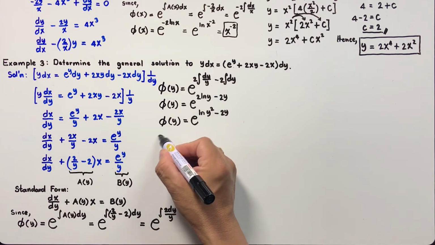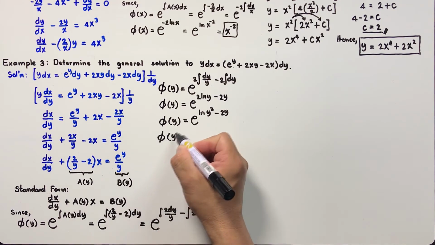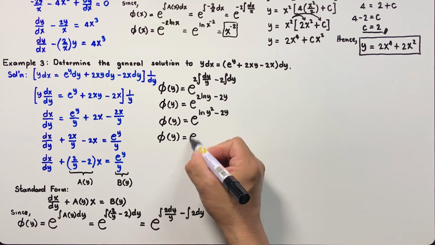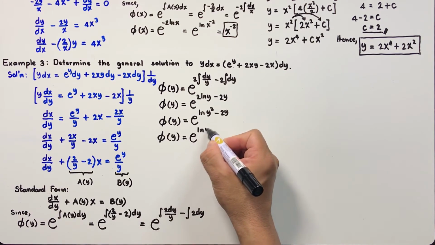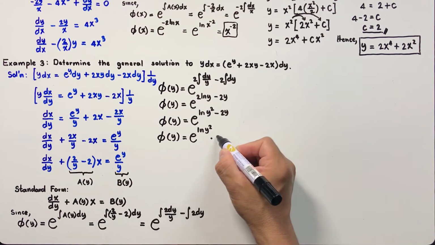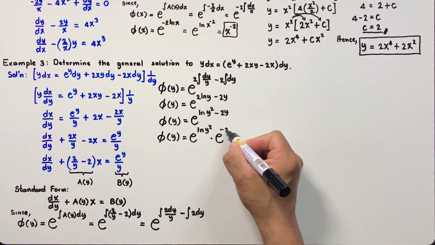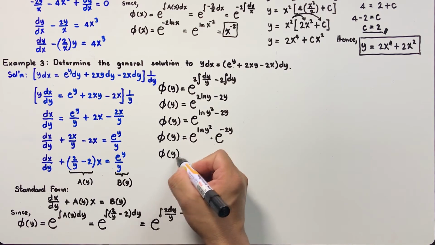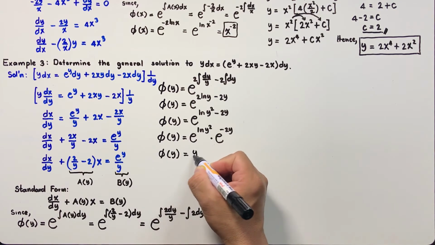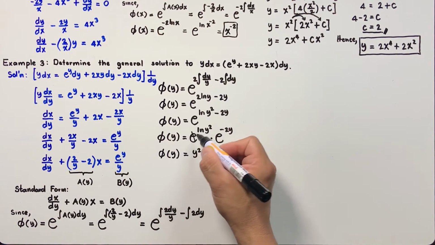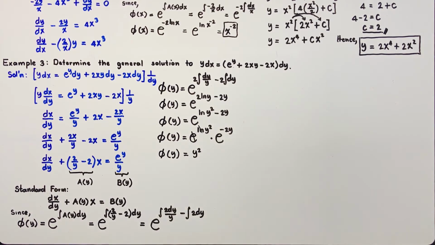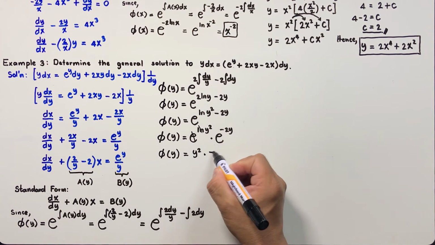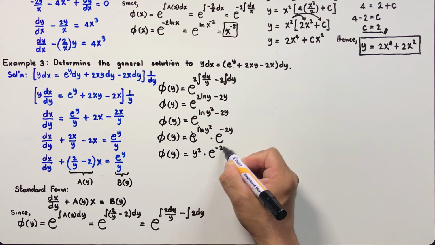Applying the laws of exponents, we have e to the power ln of y squared times e to the power negative 2y. And simplifying it further, we have y squared, because this e and this ln cancel each other by the properties of logarithms and exponentials. And this is multiplied by e to the power negative 2y.